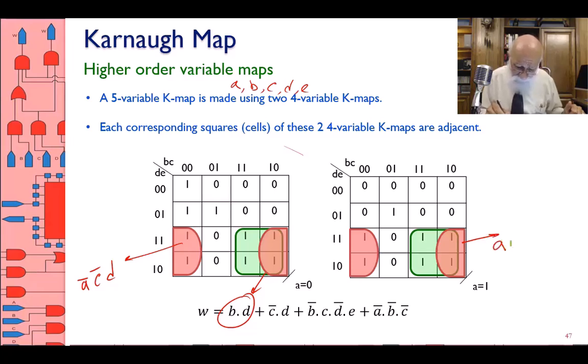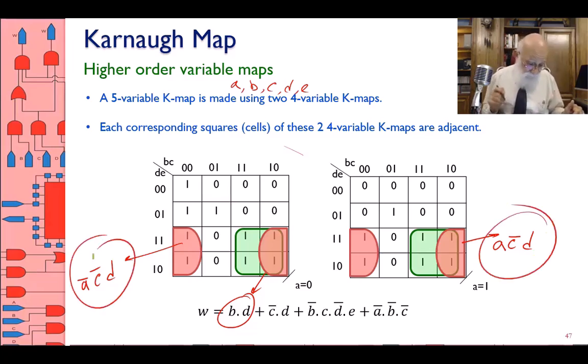This is A, C bar, D. Well, these are adjacent because of my new definition of adjacency in Karnaugh Map, which is one on top of the other one. This and this are also adjacent, and therefore these merge to C bar D.